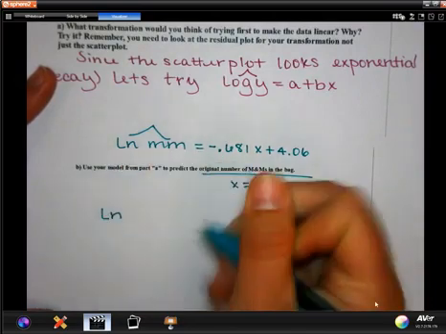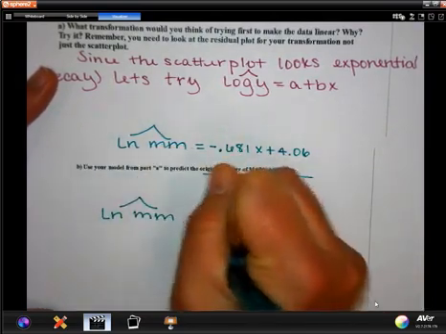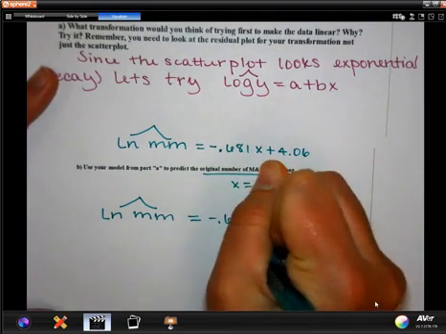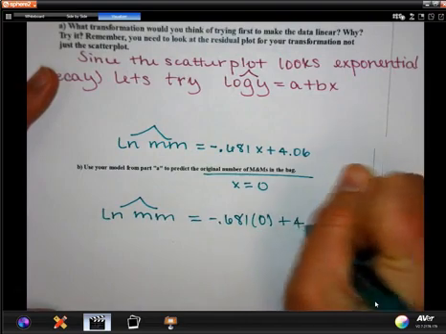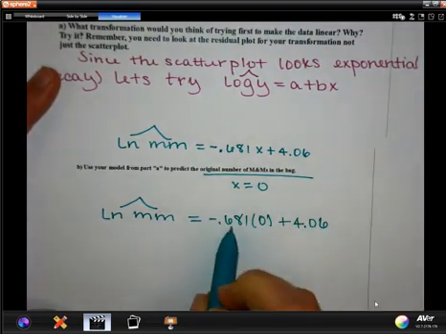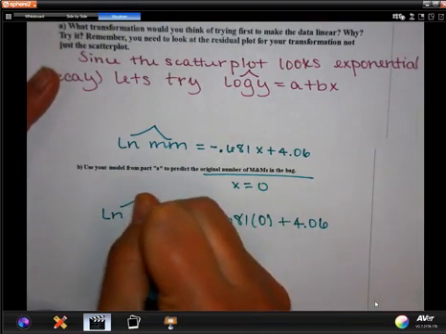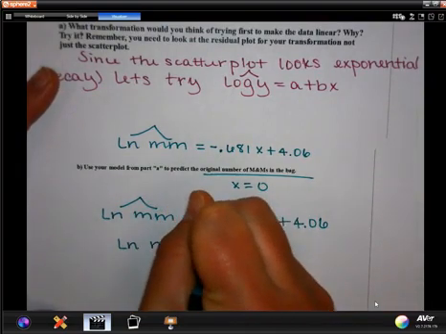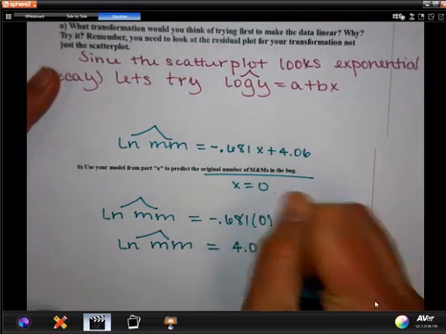So natural log M&Ms is equal to negative 0.681 times 0 plus 4.06. So that times 0 goes away, and then when we add 4.06, we just get 4.06.